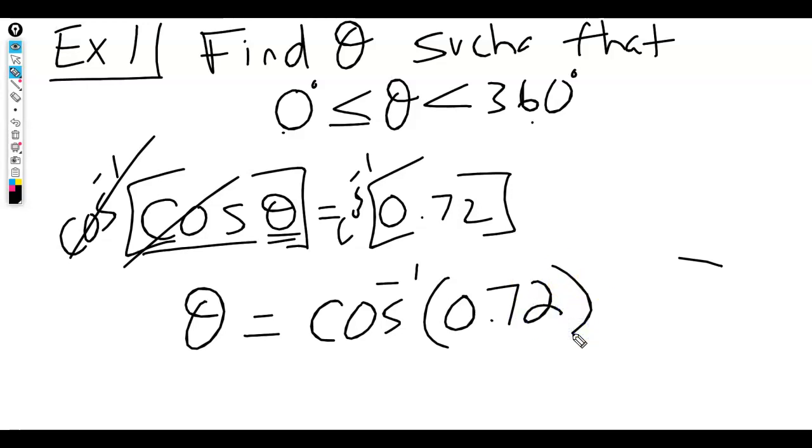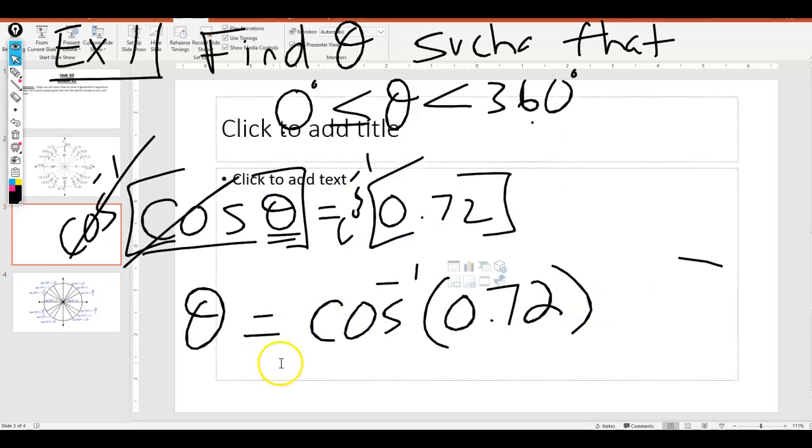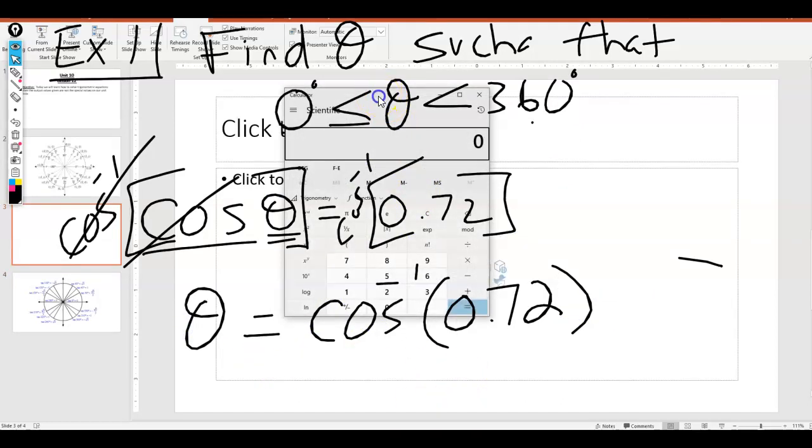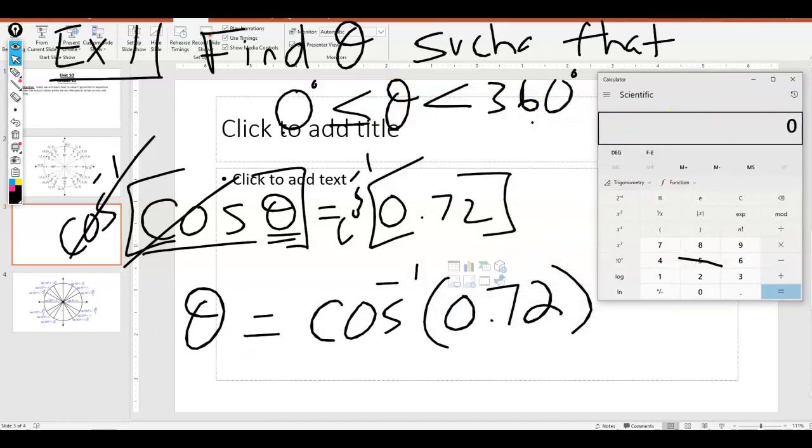And this is where we have to get at our calculators to figure out the rest. Let me pull up my calculator here real quick. How do we do this on our calculator?